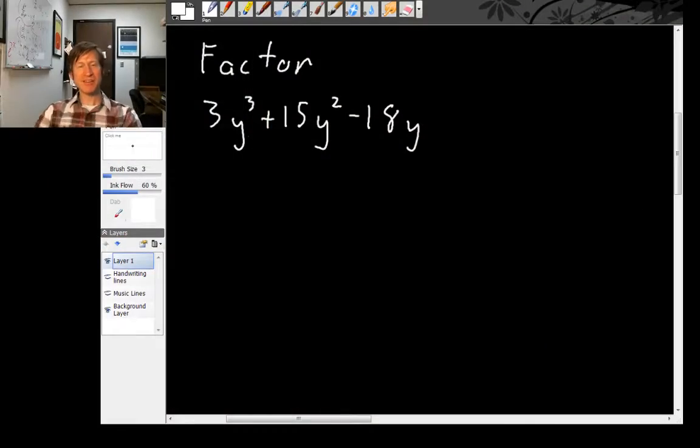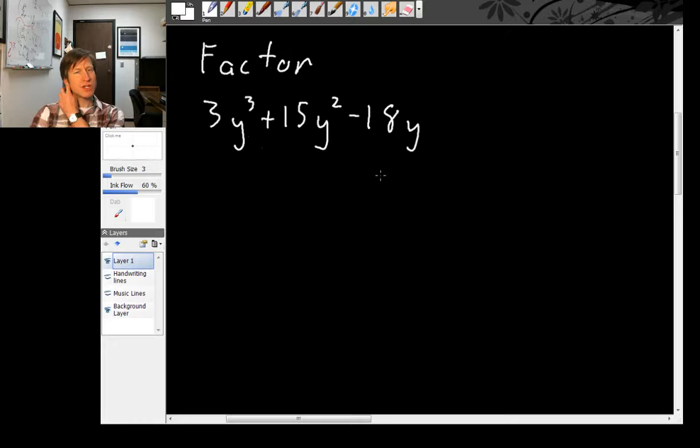So here's an example of factoring that caused a little bit of trouble for some people. This is from a problem somewhere in the rational expressions homework. So to factor this, remember the very first thing you should do anytime you're thinking about factoring something is look for a greatest common factor.